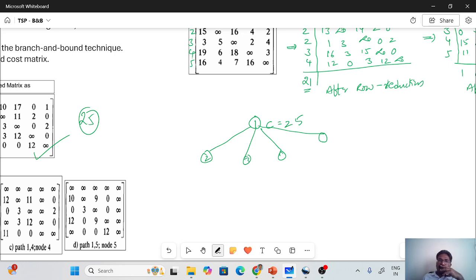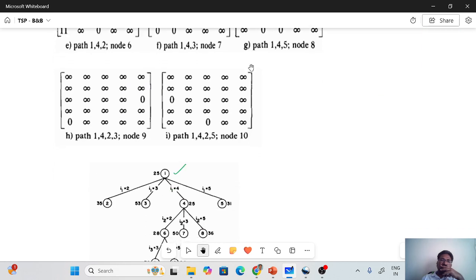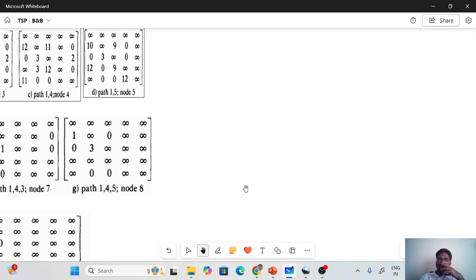So I am going to give the numbering also, like this way. My next may be 2 or 3 or 4 or 5. So this is our solution for that.